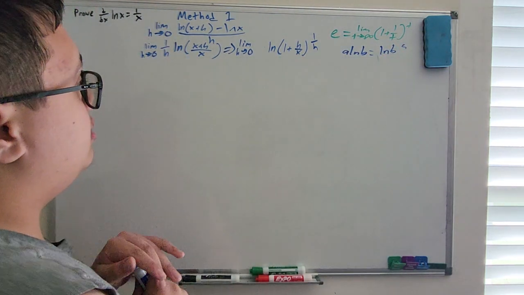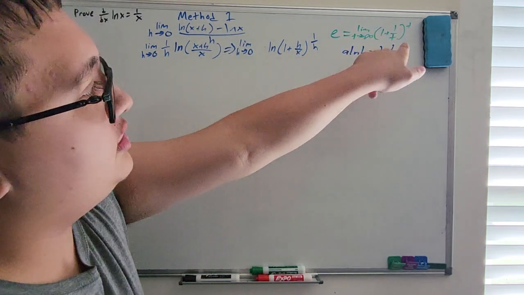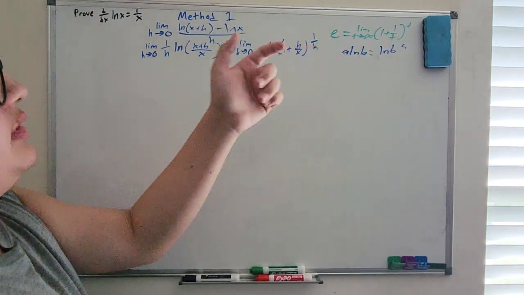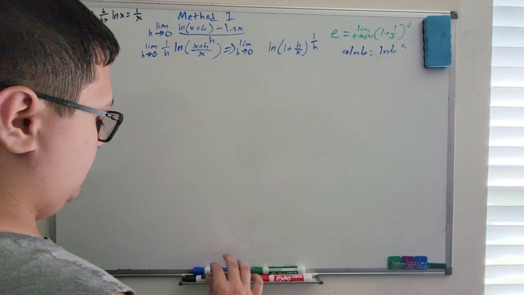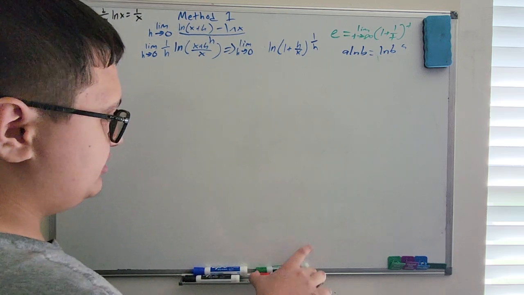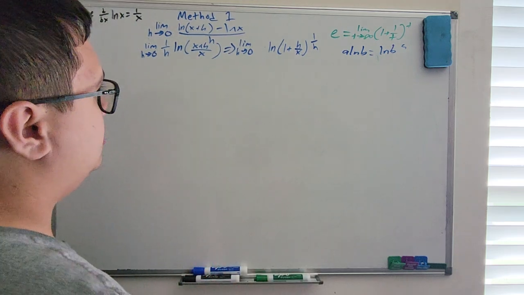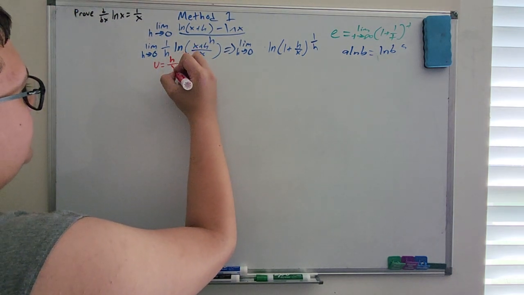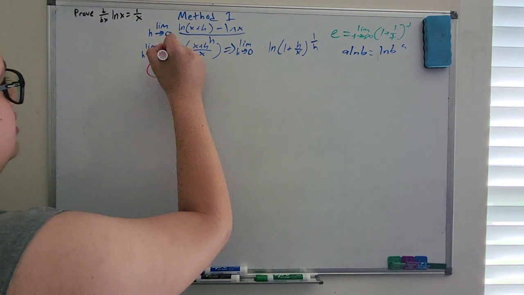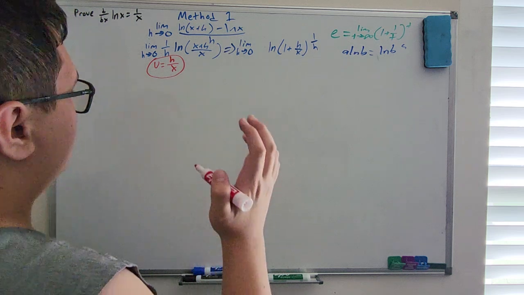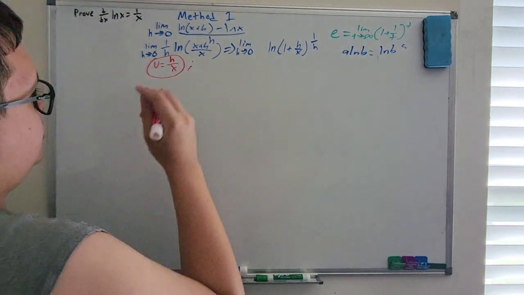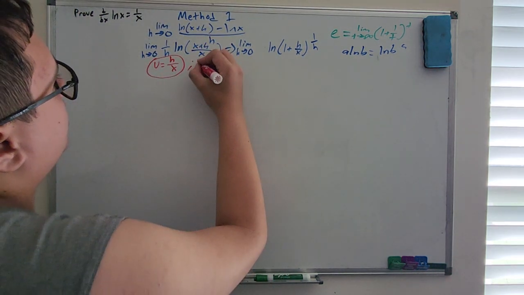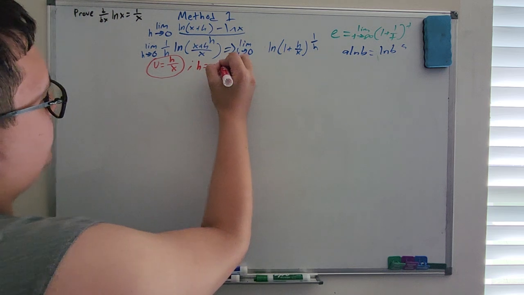So now this looks mighty familiar to that property over there, right? So let's do some substitution. Let's make u equal to h over x, right? This is important, so I'm gonna circle it because it's pretty important. Alright, let's do some manipulation right here. h equals u times x, right?